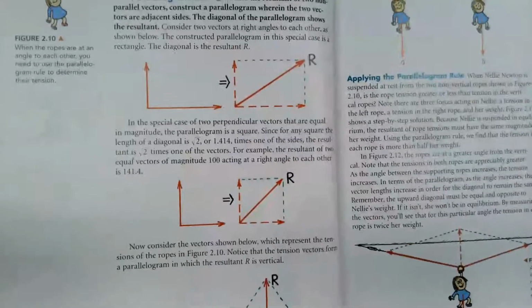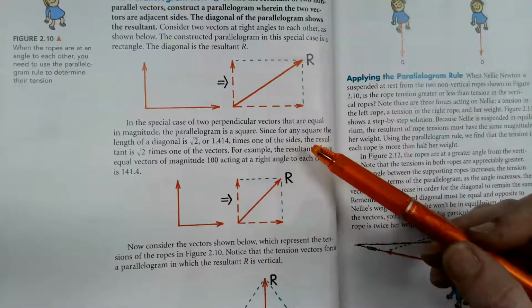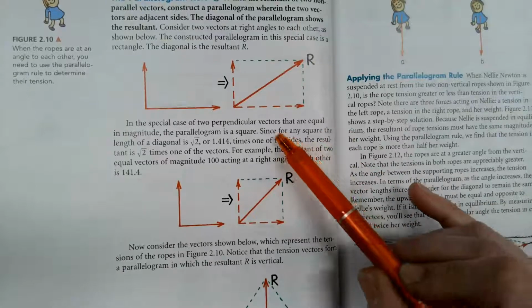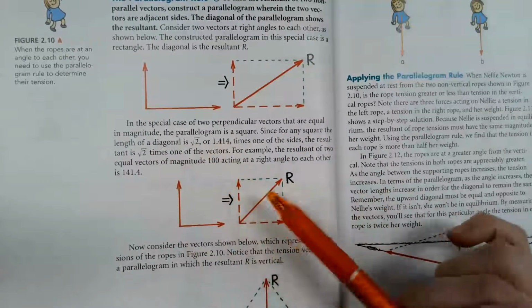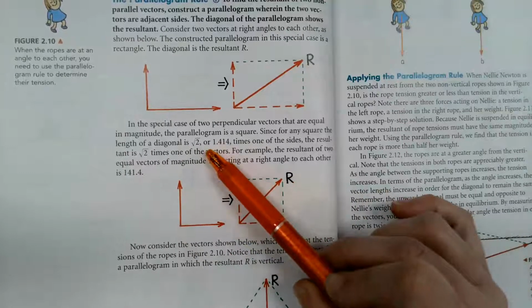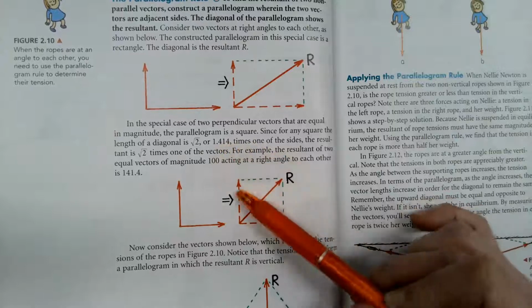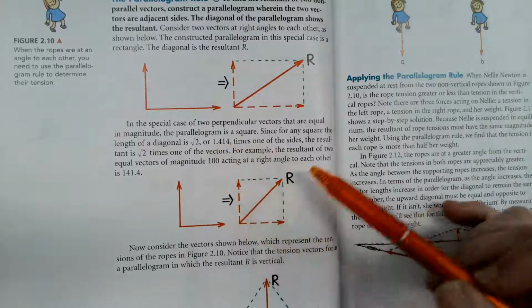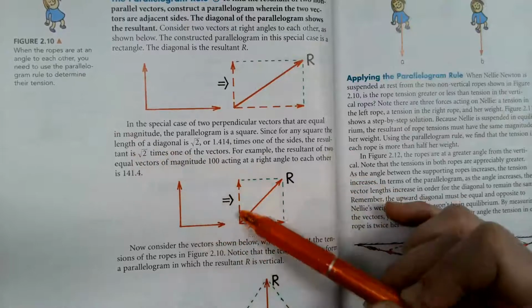So if we were going to solve for the diagonal in a square, we have to use a little geometry. In any square, the length of the diagonal is the square root of 2, or 1.414, times one of the sides. The resultant is the square root of 2 times one of the vectors.